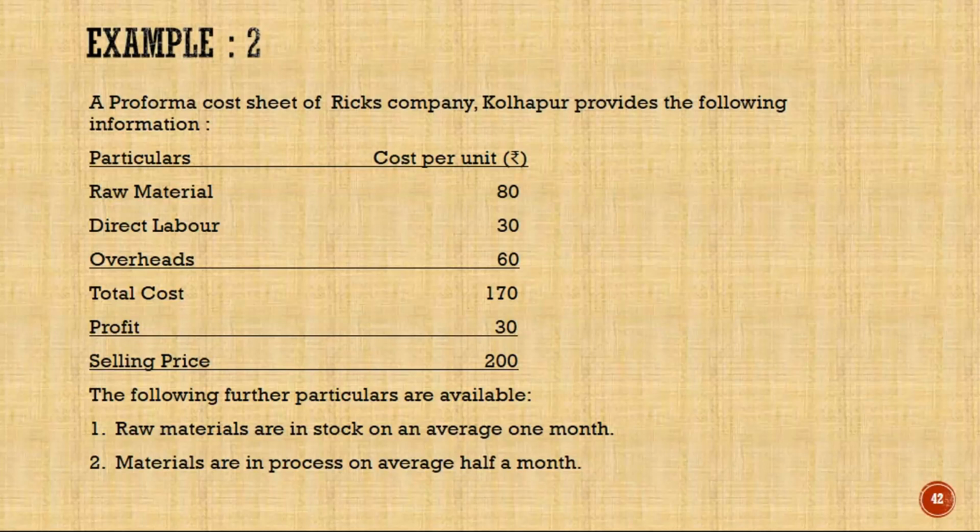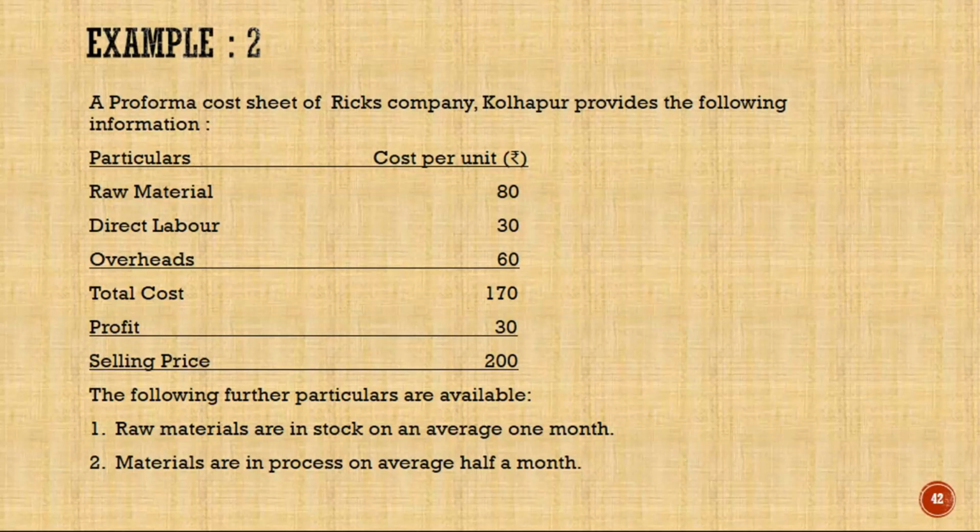Additional information they have provided to us for further calculation of the requirement of working capital. The first point here is raw materials are in stock on an average 1 month. That means a 1 month period will be there for raw materials which will remain in stock.